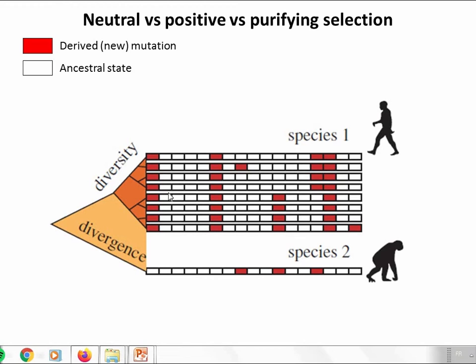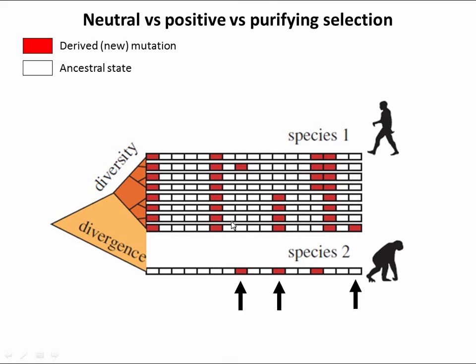But most of the time a mutation is completely silent regarding selection, which means neutral selection. So the scenario that could fit such an idea is this one here, for example, where you can have accumulation of derived mutations here, there, and here, and also in chimpanzee here, which seems relatively random.